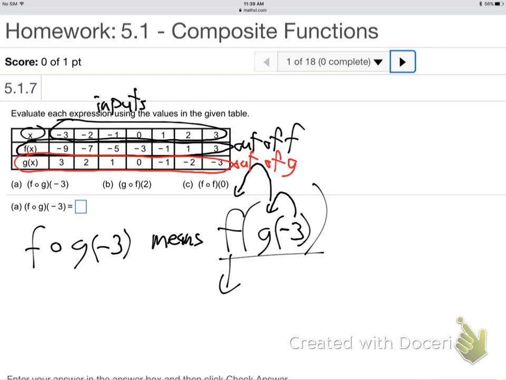So here we go. Going to put -3 into the G machine. If you put -3 into the G machine, what pops out? Out comes a 3, huh?